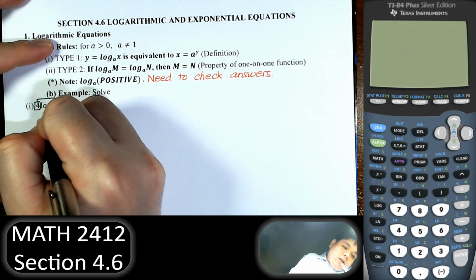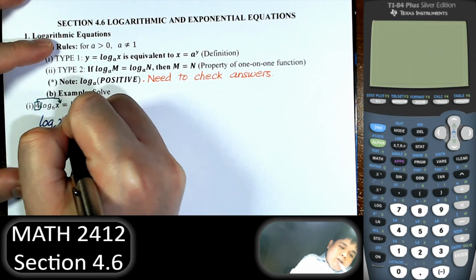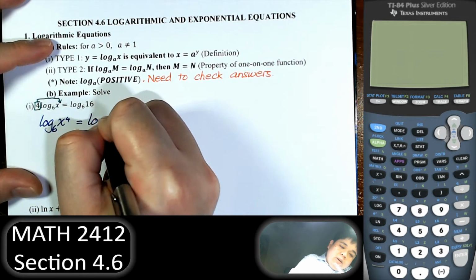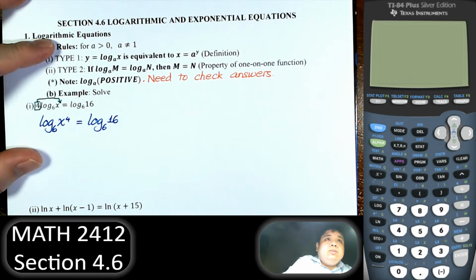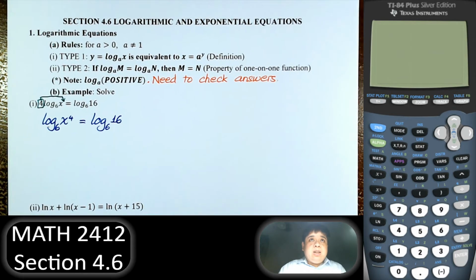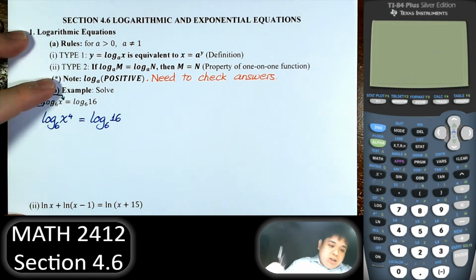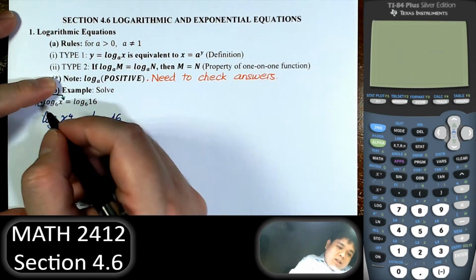So we have log base 6 of x to the 4th power equal to log base 6 of 16. Now both of them have log base 6, so we can cancel them out. We have x to the 4th equal to 16.